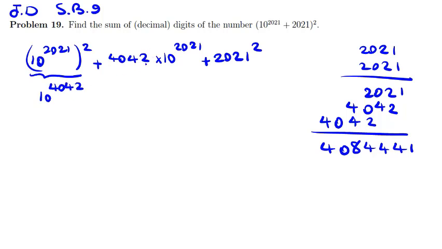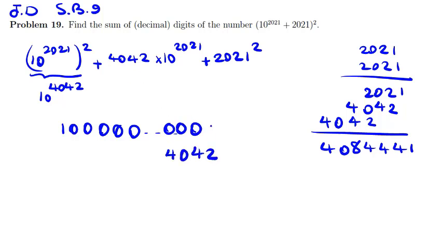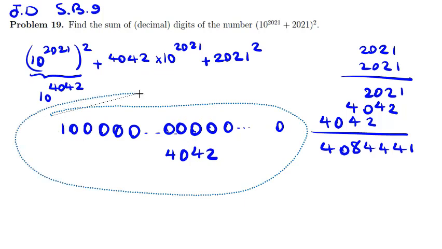If I write these numbers on top of each other, let's see what we have. We have many zeros here, and I will tell you exactly how many zeros. 4042, and some zeros, many zeros again. Let me move it to the left.